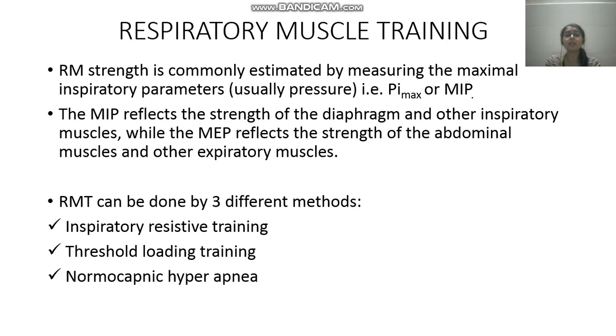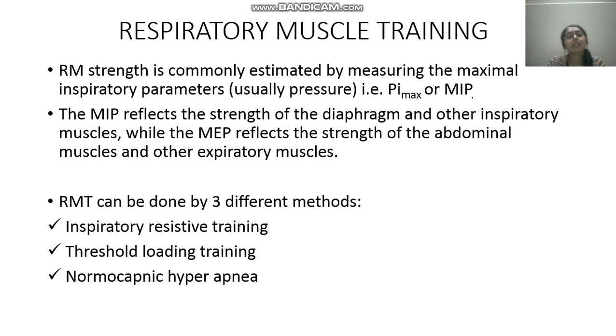We all know that to determine the strength of any peripheral skeletal muscle of the upper limb or lower limb, you have RM, that is repetition maximum, or you have your MMT grading, MRC grading, etc., which help you to grade the muscles from 0 to 5.